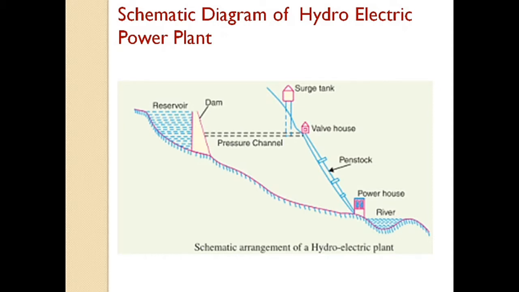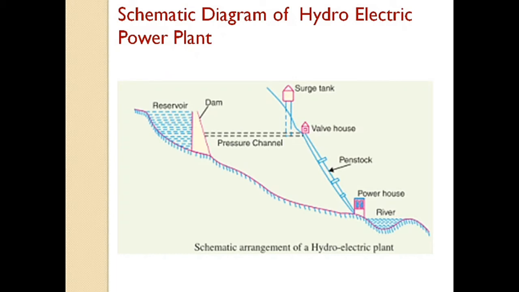Now, the flow of water into and through headworks should be as smooth as possible to avoid head loss and cavitation. For this purpose, it is necessary to avoid sharp corners and abrupt contraction or enlargement.